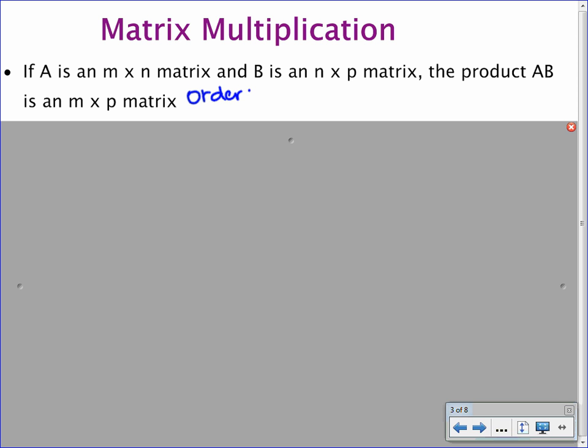A has to be m by n and B has to be n by p, which means the number of columns in the first matrix must match the number of rows in the second matrix. They have to match in order for you to be able to multiply. Our result is m by p. So those two that were matching, what's on the outside, that's your new order.